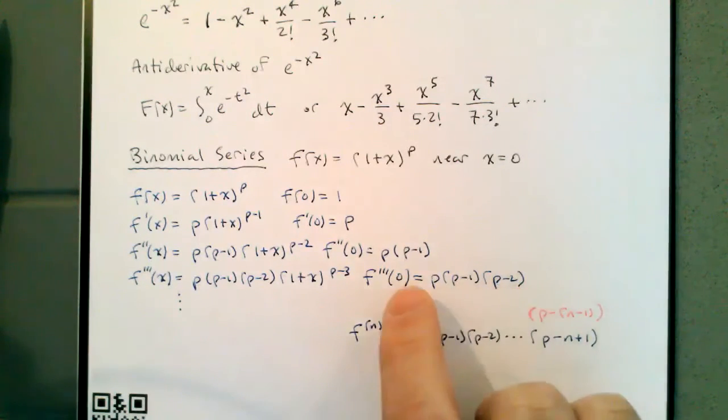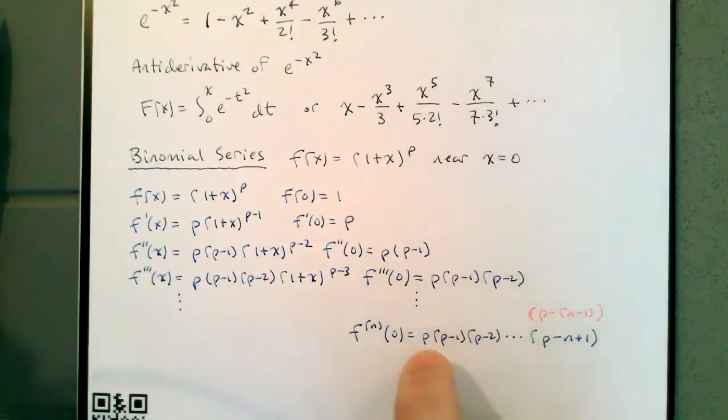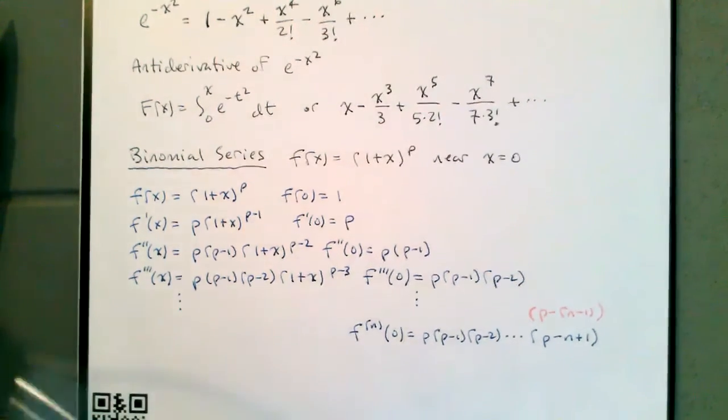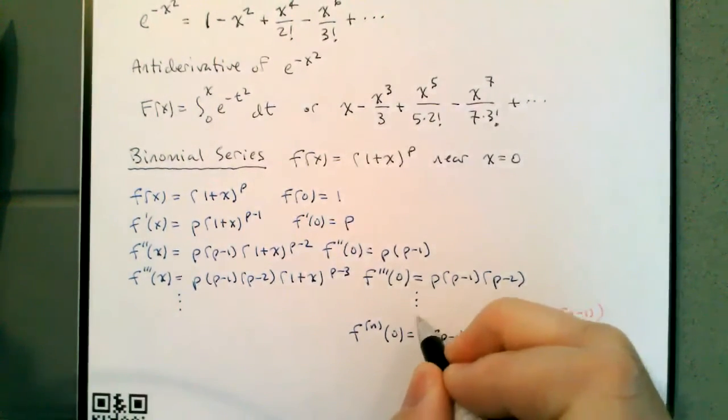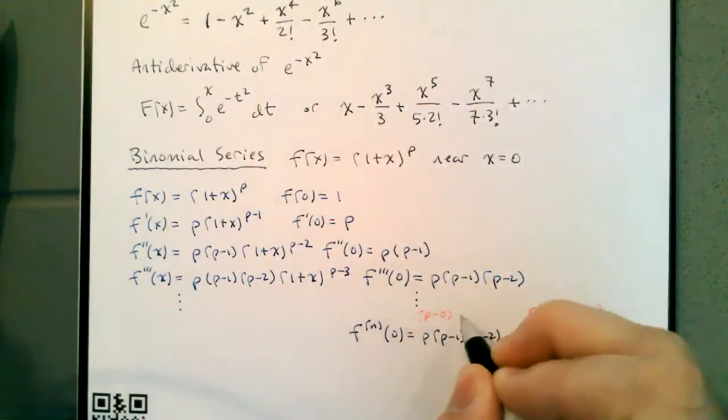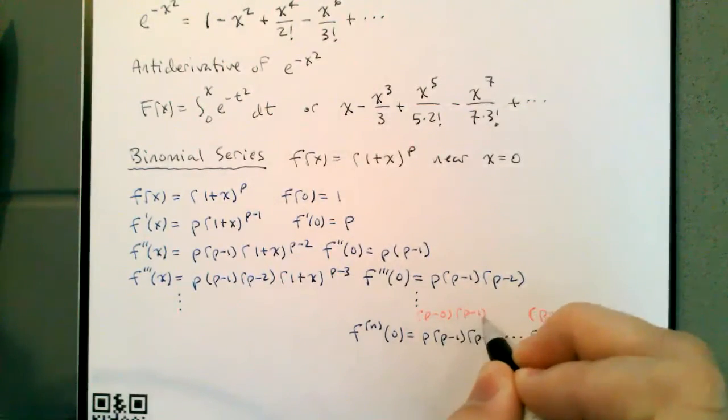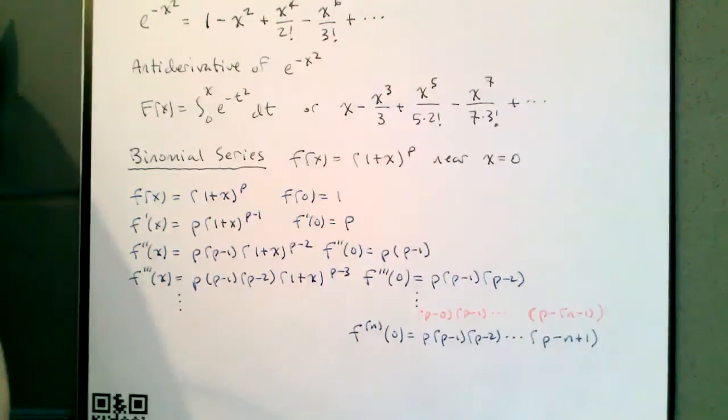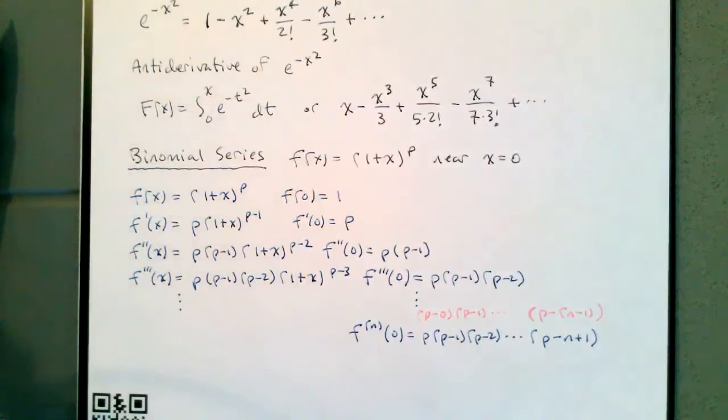If n is 3, we stop counting at 2, but we start off with 0. So maybe you're looking at this first one as p minus 0, p minus 1, and then stop counting at n minus 1. Or you could be thinking that this is the first n factors of p factorial.